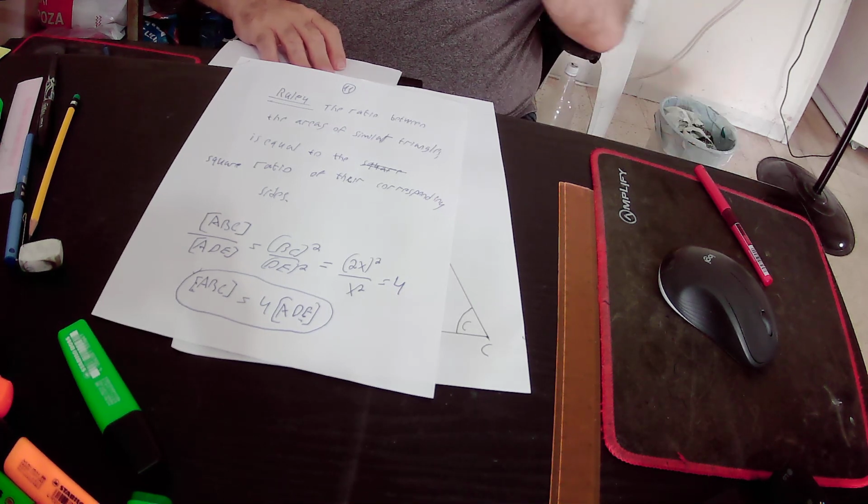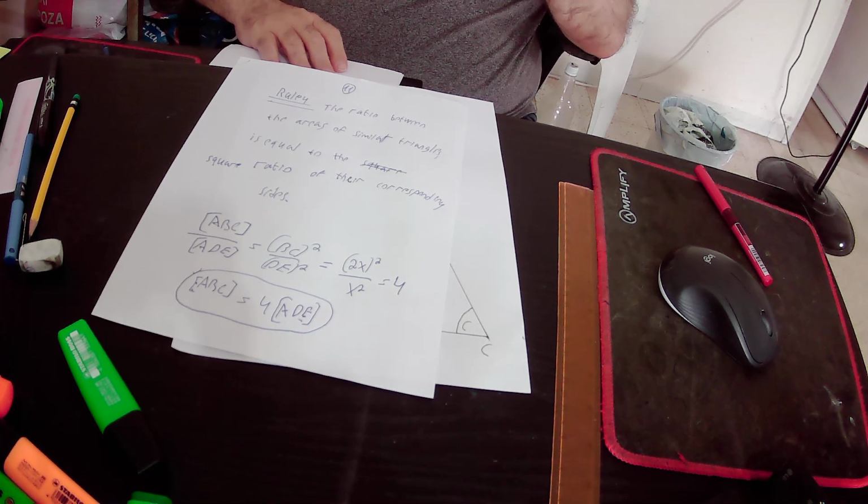That is to say, the ratio between the area of triangle ABC and the area of triangle ADE, which are similar to each other, is equal to the square ratio of their corresponding sides, and their corresponding sides are actually BC and DE, so it is equal to BC square over DE square.